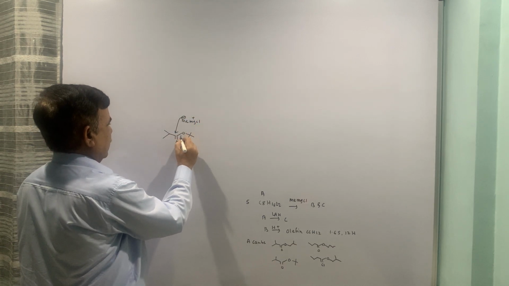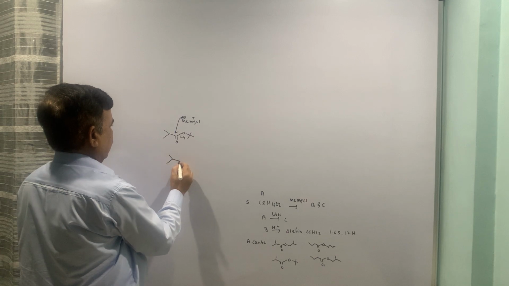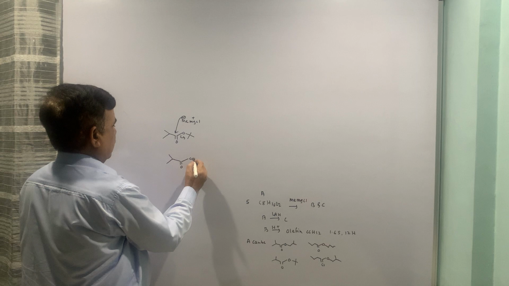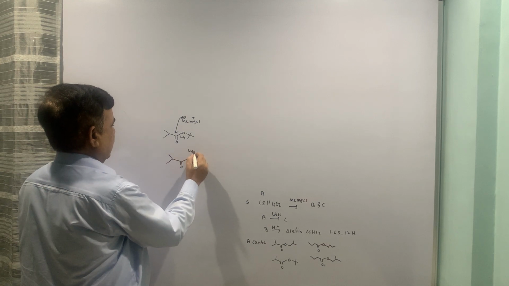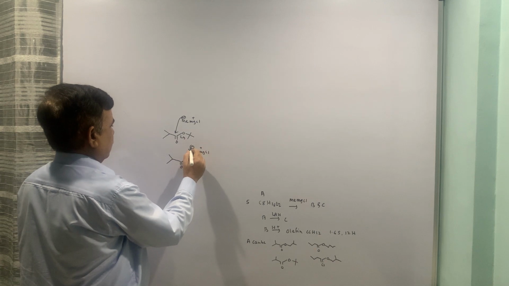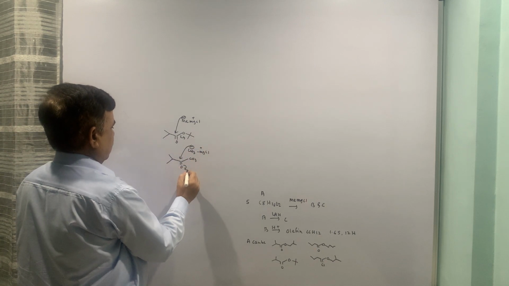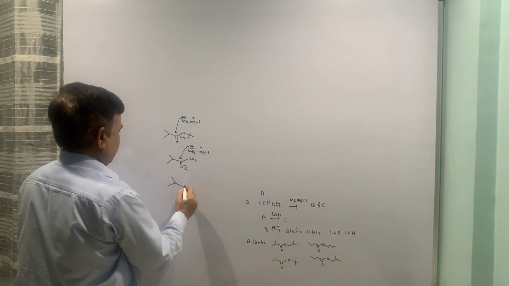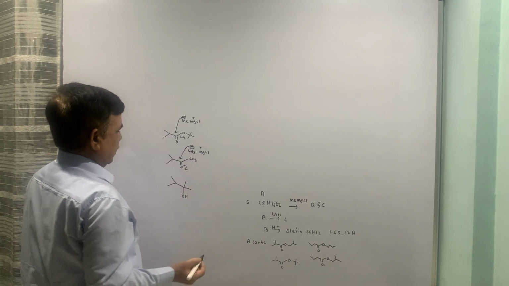If we add it here, 1 mole can give you the ketone. Second mole can be added, and you can get the OH with 2 methyls.